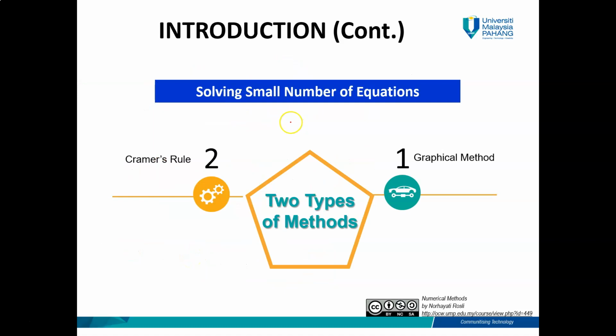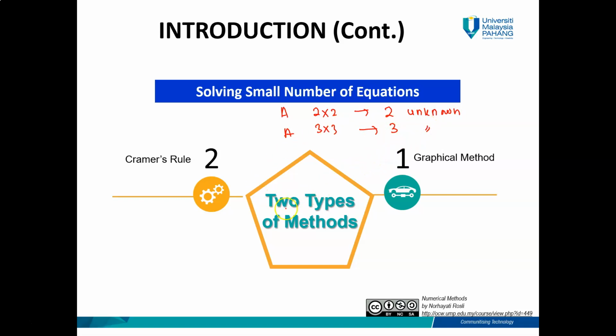And then class, if you want to solve a small number of equations, what does that mean? A small number of equations means it involves a matrix of 2 by 2 or 3 by 3, for example matrix A 2 by 2 or A 3 by 3. So you have only 2 unknowns in this case, and for this one we have 3 unknowns. So how to solve this?